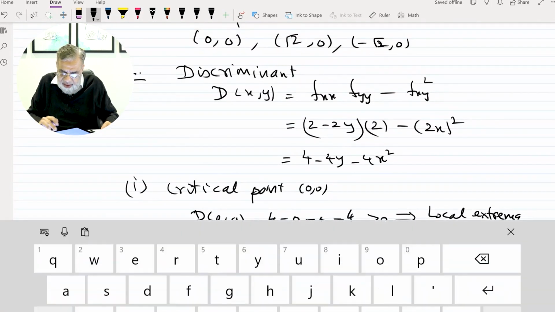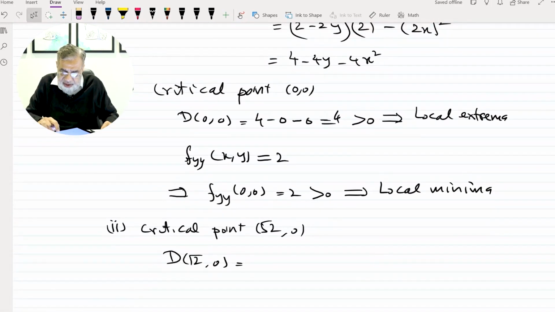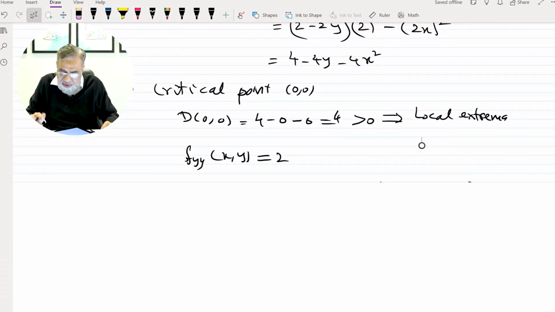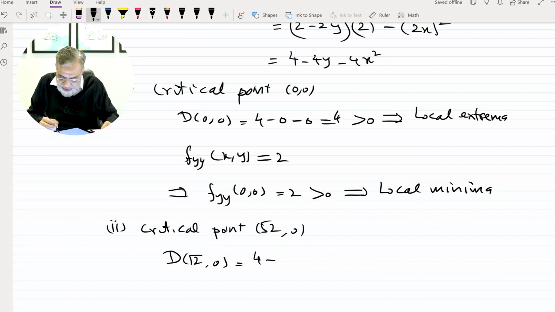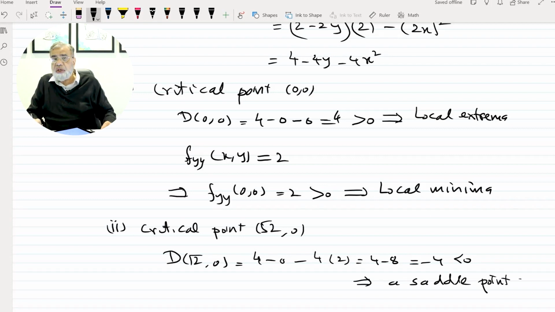We substitute here and get 4 minus 0, and minus 4 into root of 2 squared, which is equal to 2. We get 4 minus 8, which is equal to minus 4. This is less than 0, which means a saddle point. So this is not a maxima and not a minima. We don't need it, we are looking for the local minima.